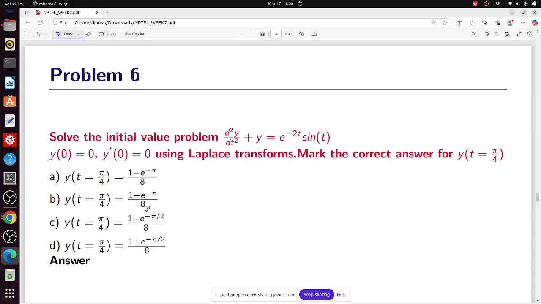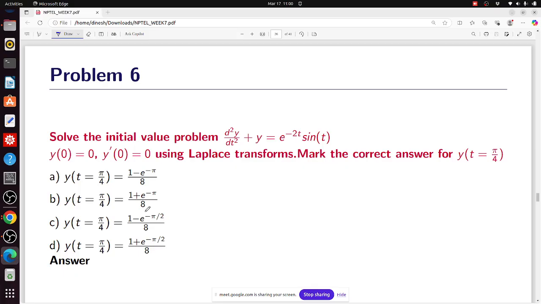So coming to the next problem, here a differential equation is given, and the initial value conditions are given. We need to find the correct answer for y at t equal to pi by 4.